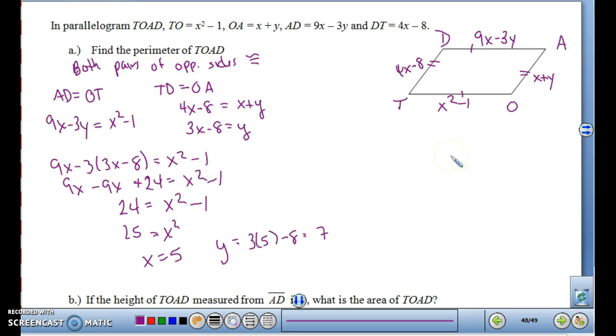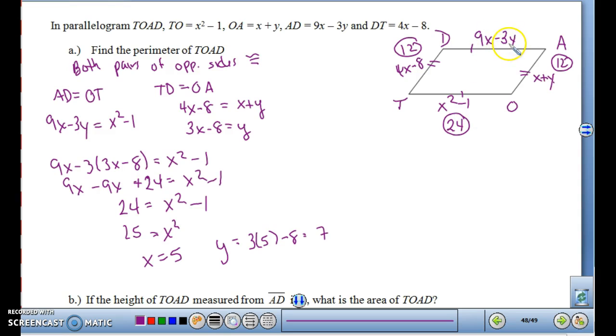So now we can find the length of our sides. If we did this correctly, the opposite sides should be congruent. Okay, so the opposite sides, 4x minus 8 would be 4 times 5 is 20 minus 8 is 12. x plus y would be 5 plus 7, which is 12. So those two sides are 12. TO is x squared minus 1. So this would be 5 squared minus 1, which is 25 minus 1, which would be 24.